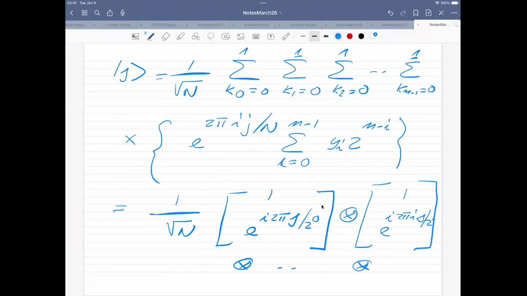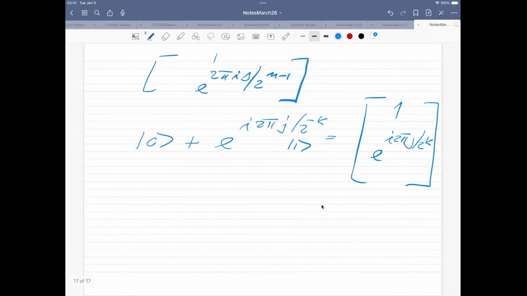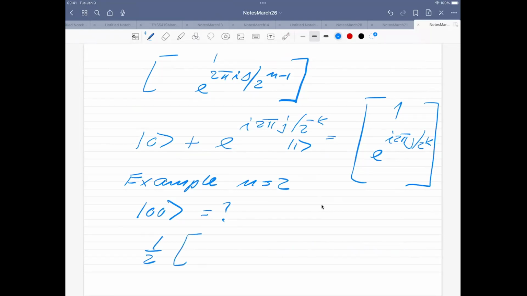If you narrow this down to examples, take the example with n equal 2, and look at 0, 0, and ask what that is going to look like. When we look at this specific transformation, it is going to be transformed as 1/2, because I have 2 qubits.